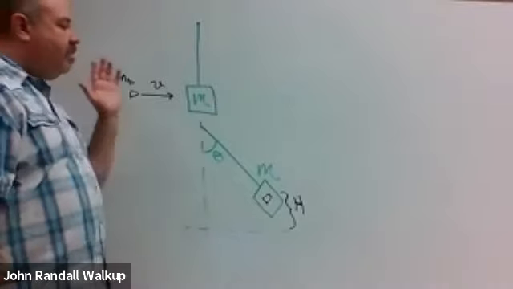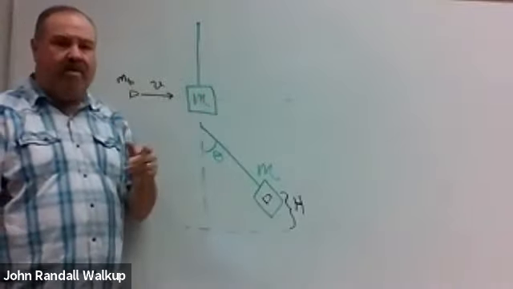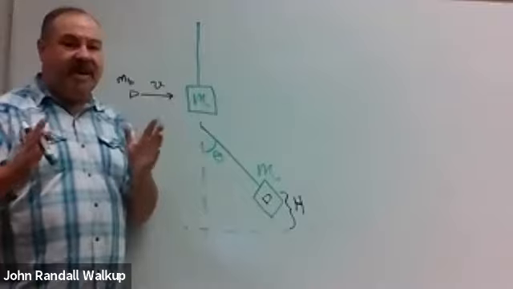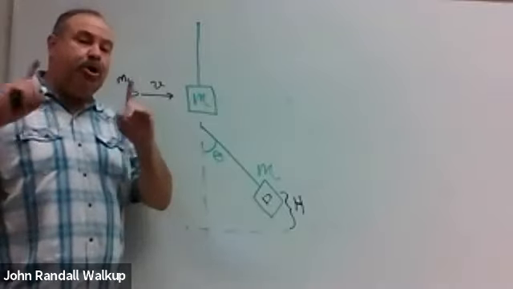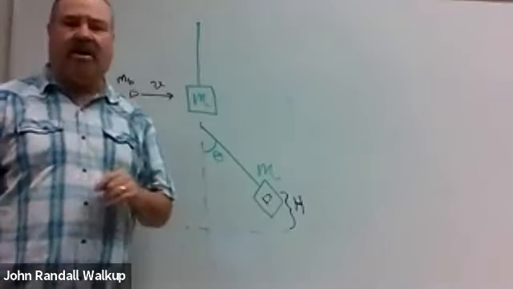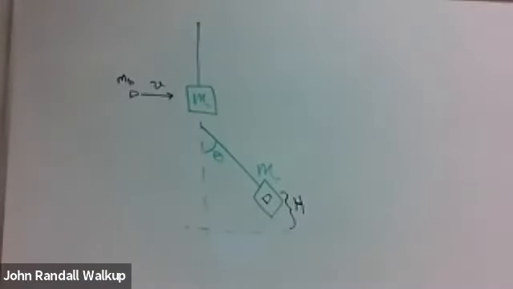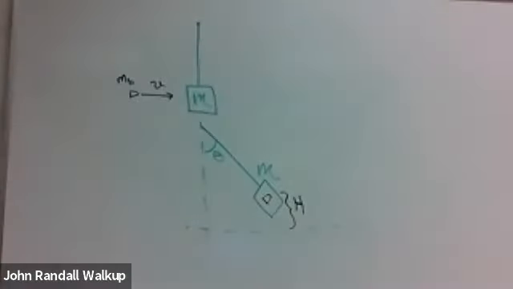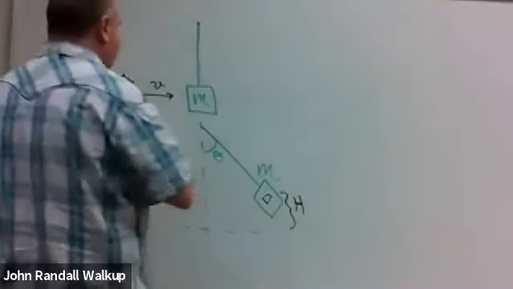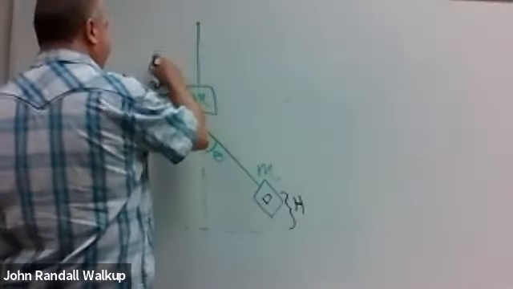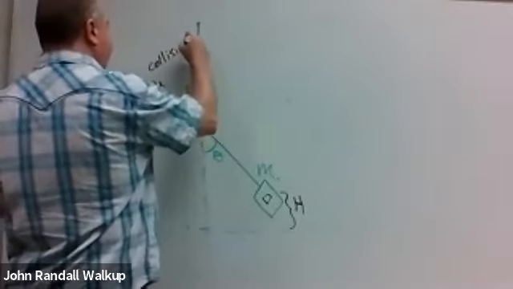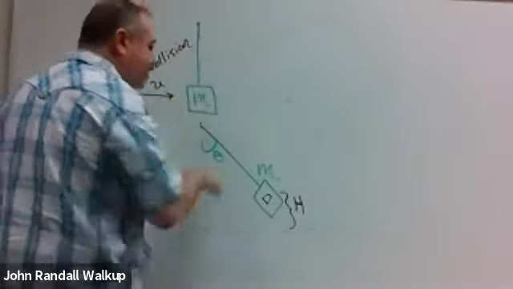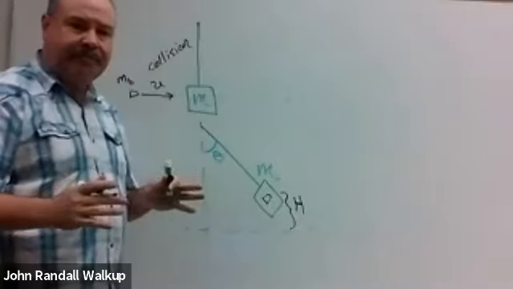Okay, the ballistic pendulum is a really cool problem. It's easy to solve if you take this in two phases. There's going to be two phases. One is the collision. The bullet embeds into the block.